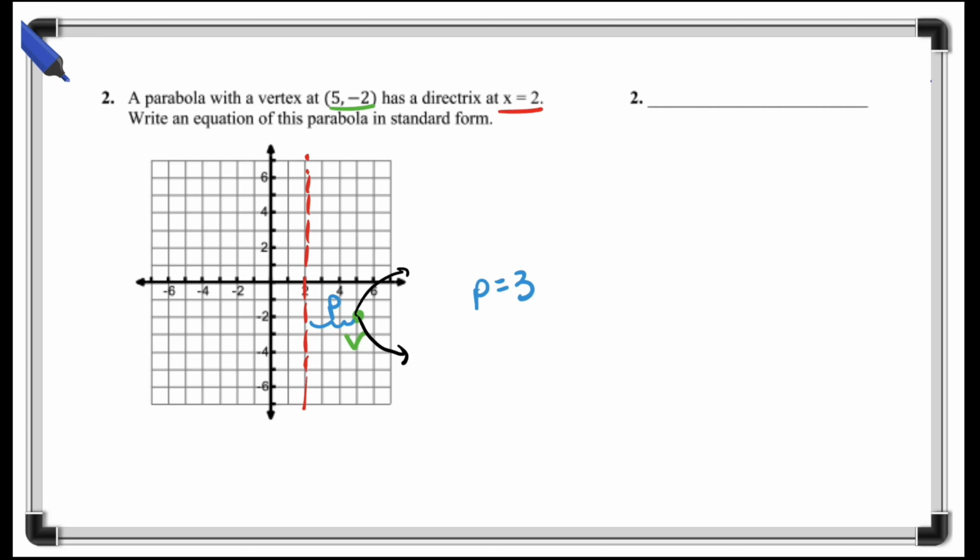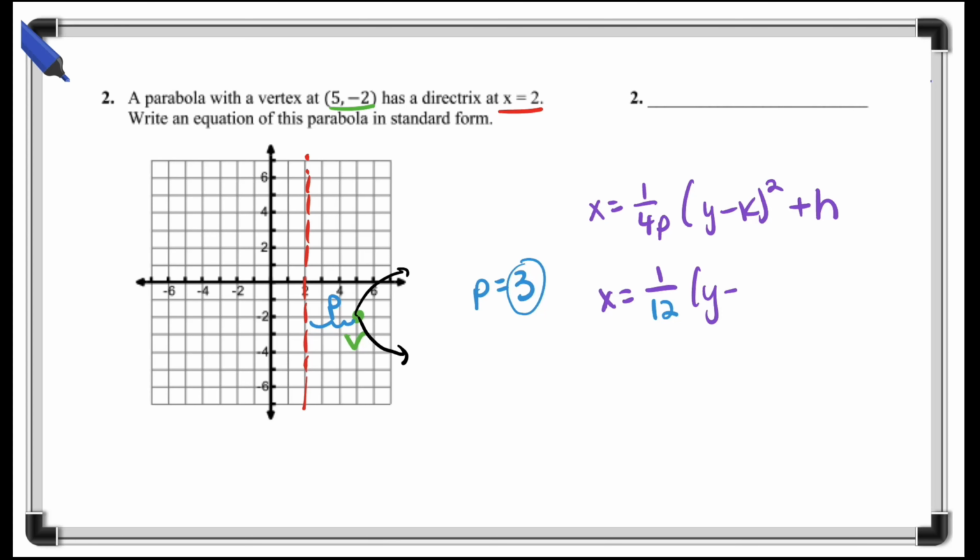So then what we will use is the formula for our parabola with the horizontal axis. It's opening up in the horizontal direction. So you have x equals 1/4p, times y minus k squared, plus h. So we know x equals, we know 1 over 4 times this p value, that is 12.